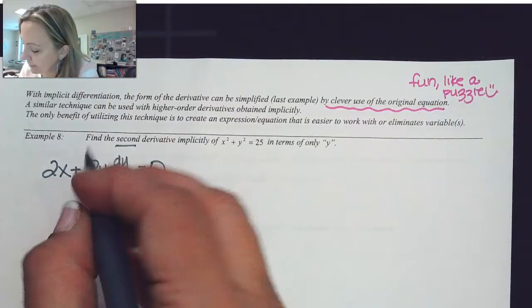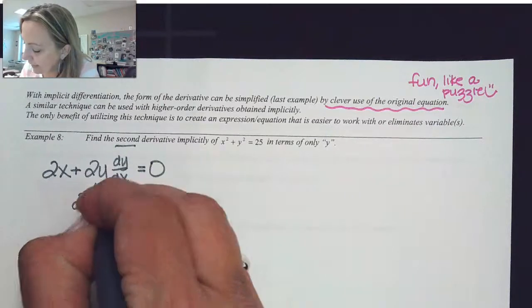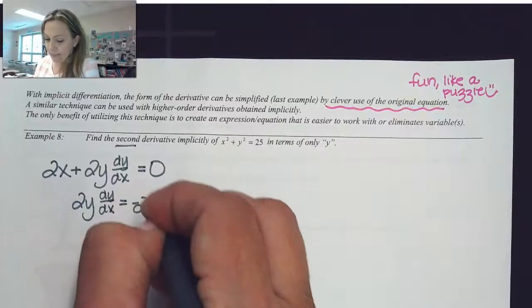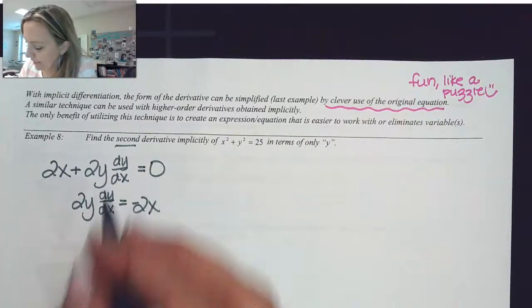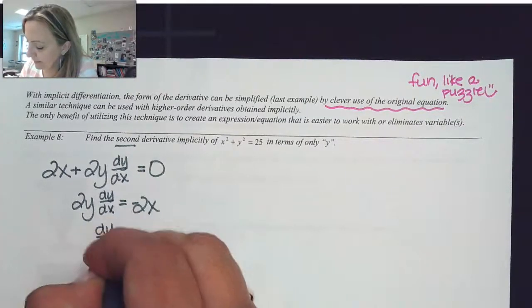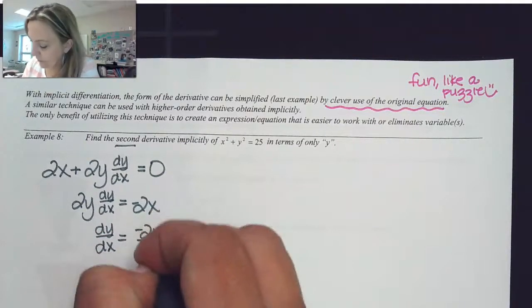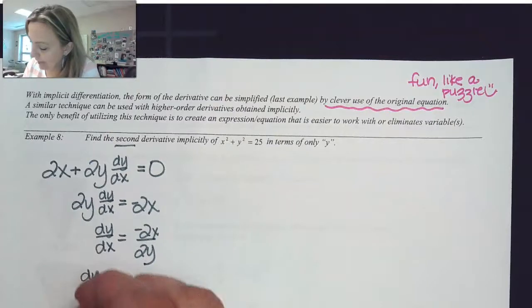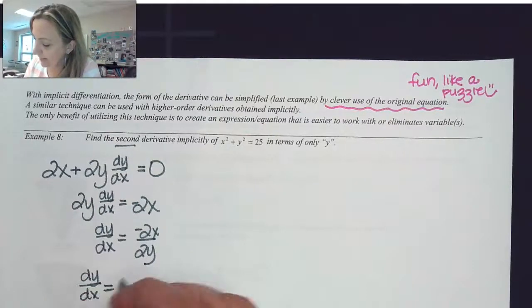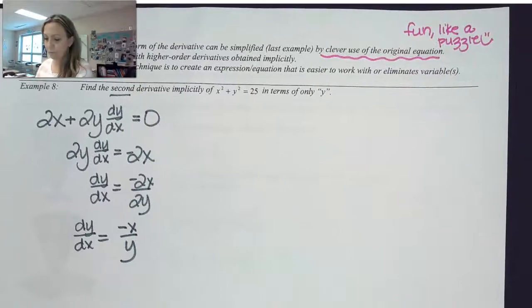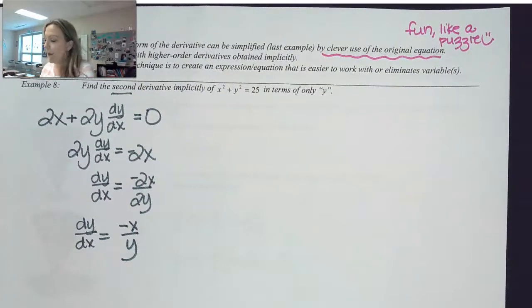So that means that I have 2y dy dx equals negative 2x. And so then dy dx is negative 2x over 2y. So that means that dy dx is negative x over y. Okay, so that's cool. All right, so that's the first derivative.